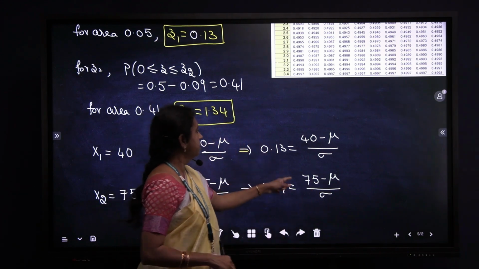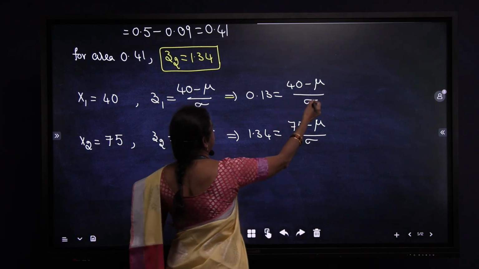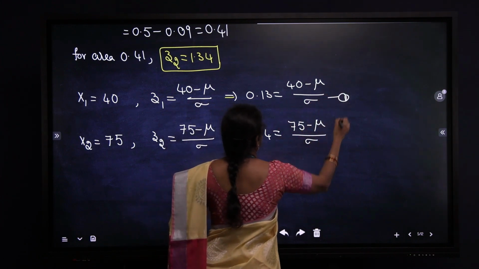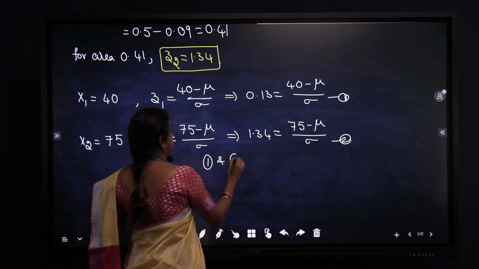Right? Now I'll simplify these two equations. I'll take these as 1 and 2.